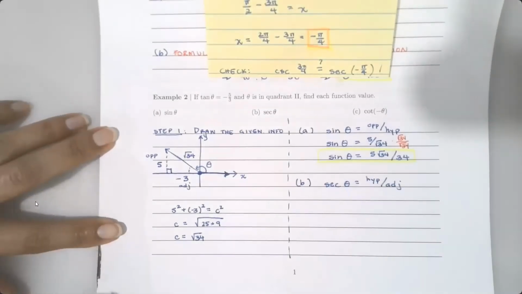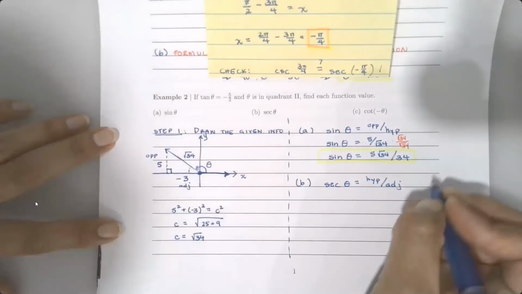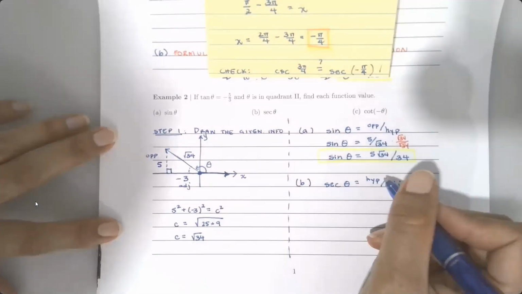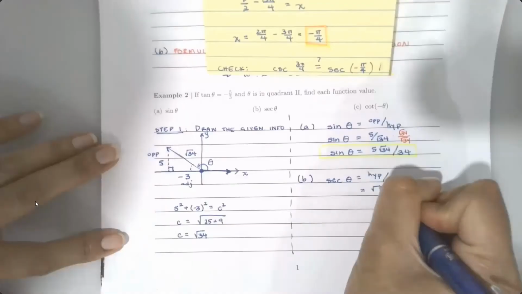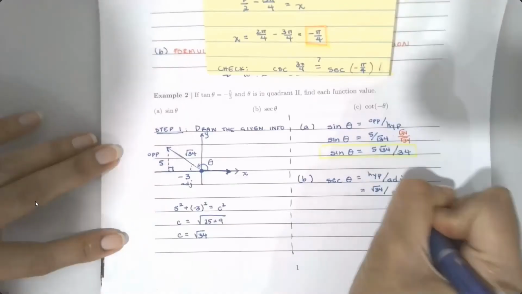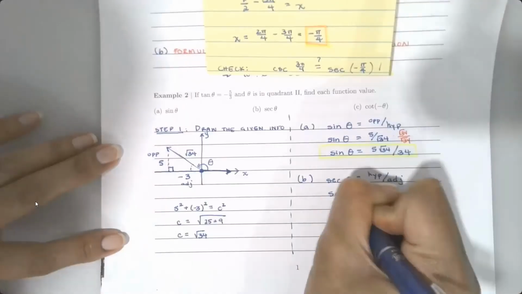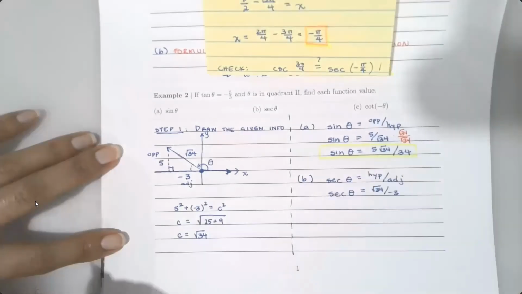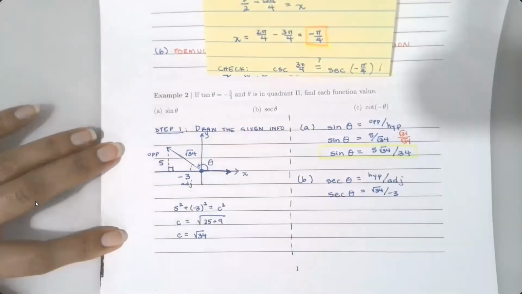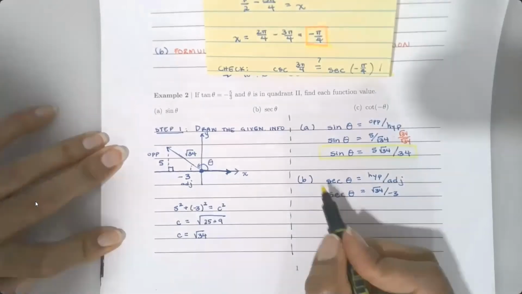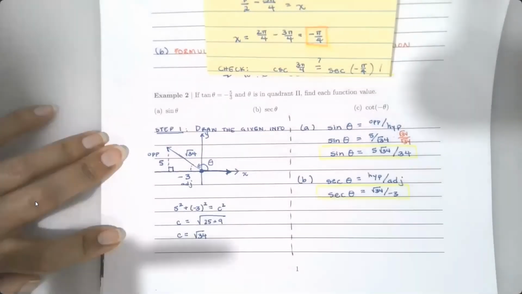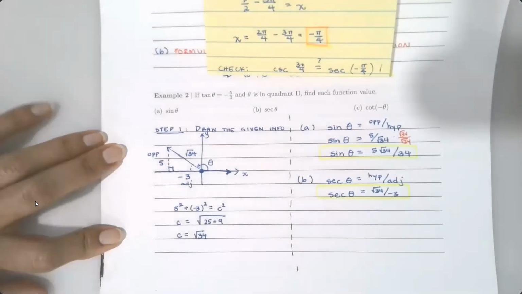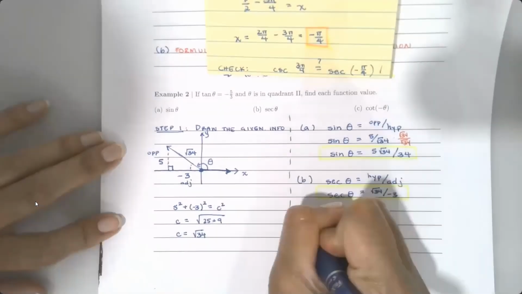And so hypotenuse over adjacent is going to be square root of 34 over negative 3. Any questions there?